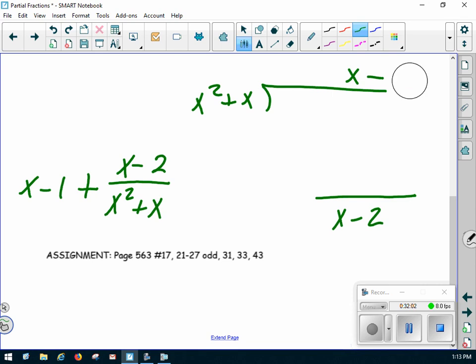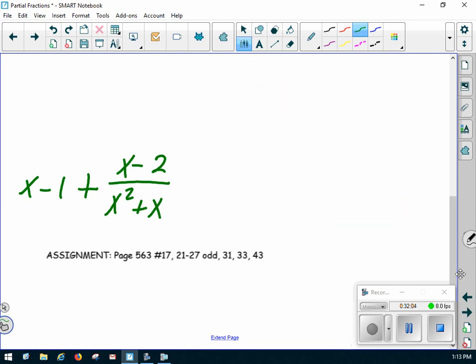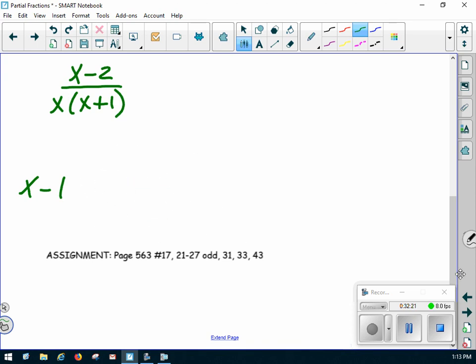All right. Let's take that fraction and see if we can decompose it. X minus 2 over x squared plus x. Will x squared plus x factor? What are your numerators?